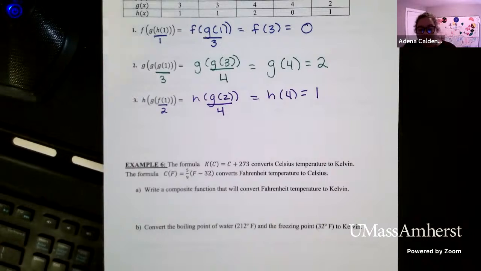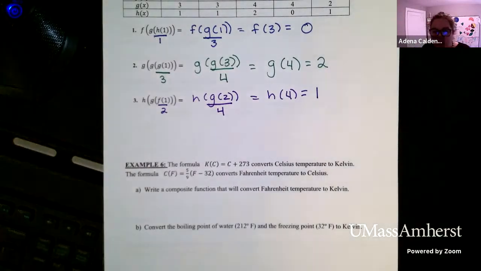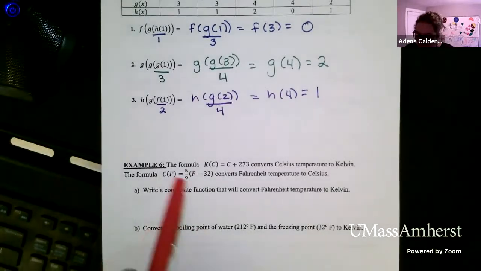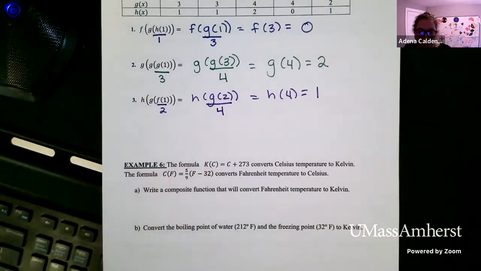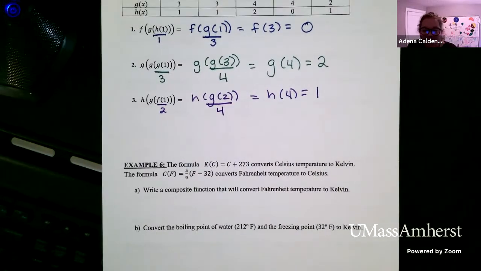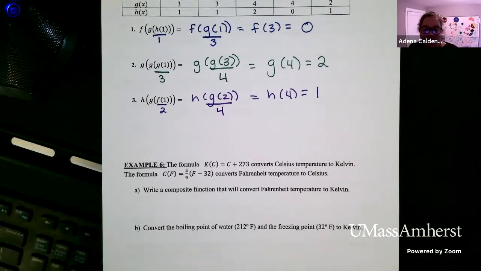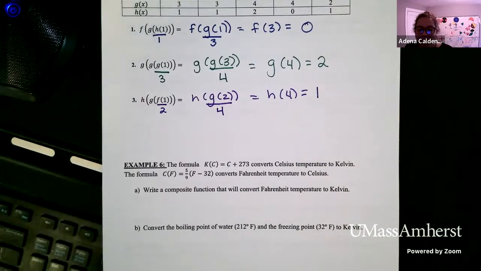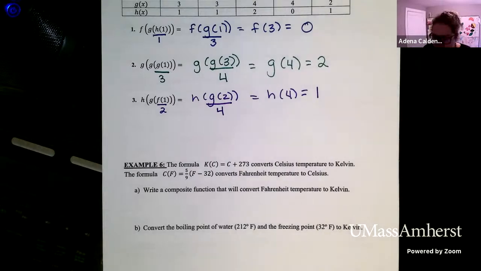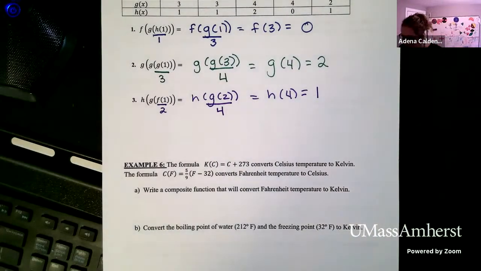Okay. So we have 2 functions here, one for Kelvin based on Celsius and one for Celsius based on Fahrenheit. And so you probably have a pretty good idea that we have to compose these 2 functions. The question is really, which direction do we compose them? Only one really makes sense when you try to do this, but there are certainly a lot of ways we could stumble upon a wrong direction.